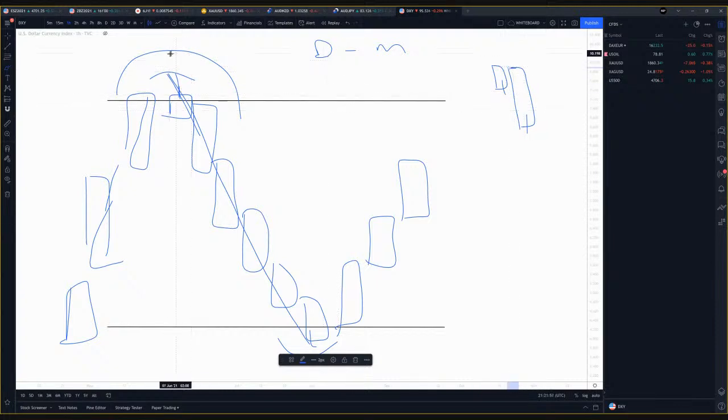It does not matter whether it's an up candle or a down candle. On my chart, you will see sometimes this one is a blue candle and this one is a black candle, or both can be black. It does not matter.